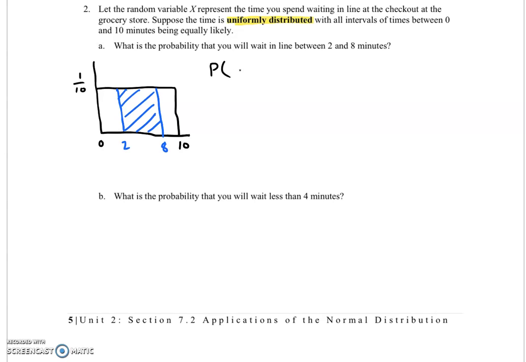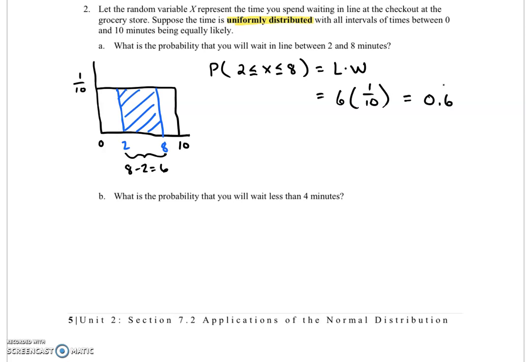So the probability that x is between 2 and 8 minutes, including 2 minutes or 8 minutes, is, remember, the length is 8 minus 2, which is 6, and the probability is length times width, so that's 6 times 1 over 10, which is 0.6.